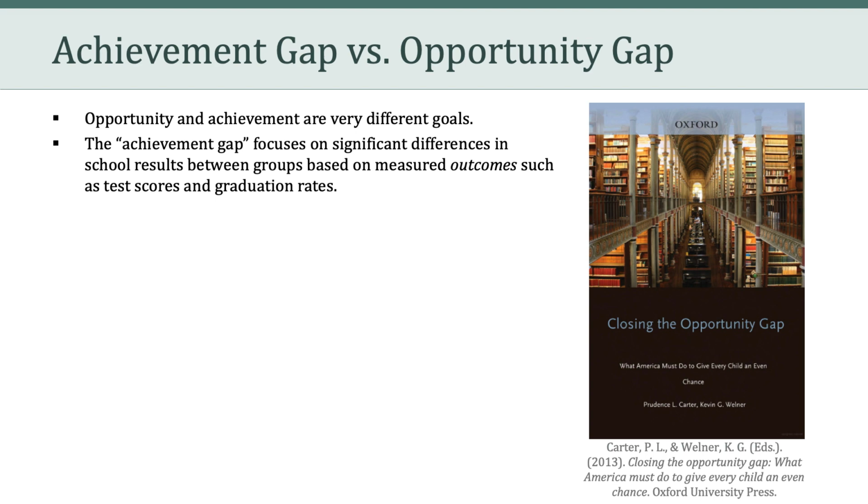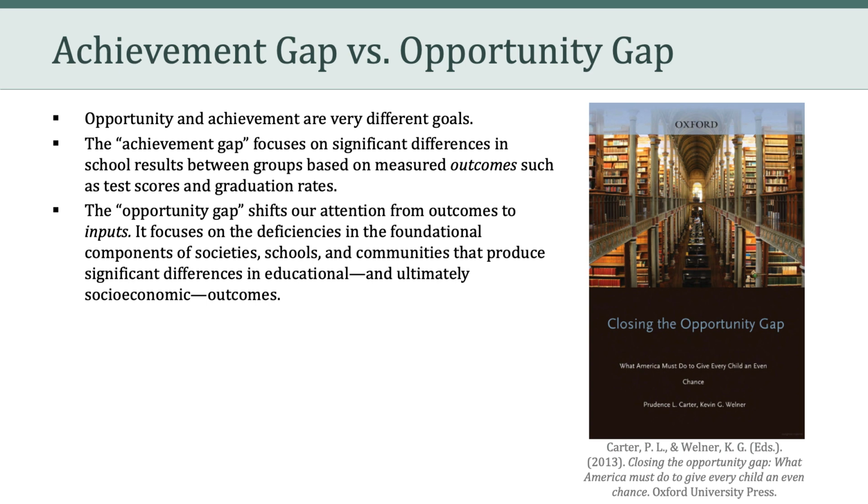The 2003 PISA results that we were just looking at, as well as the 2015 PISA results that I shared, are examples of focusing on achievement gaps, significant differences in different groups in terms of outcomes. Now, in contrast, the opportunity gap shifts our attention from outcomes to inputs.